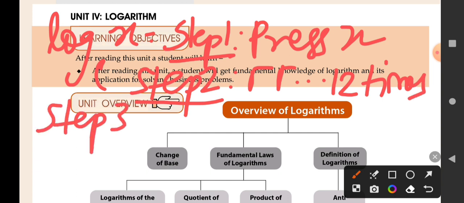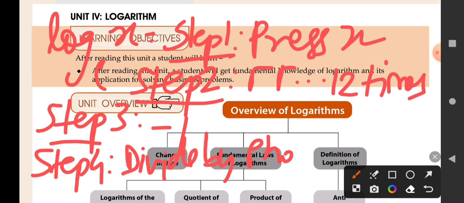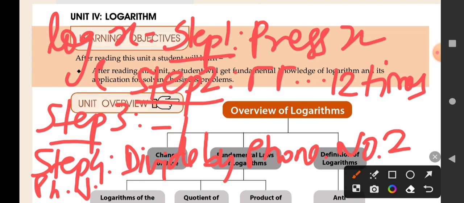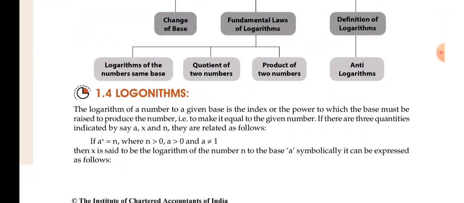Step 3: minus 1. Step 4: divide by phone number 2. So what is this phone number 2? It is equal to 0.0024417206. For any other bases apart from 10 or e, it is the change of base property.